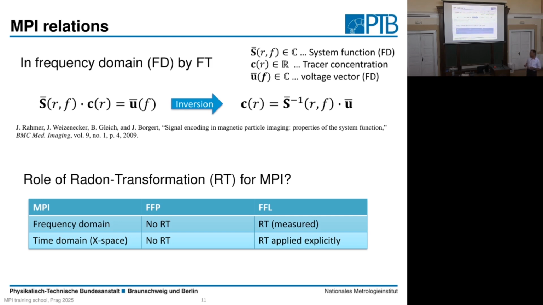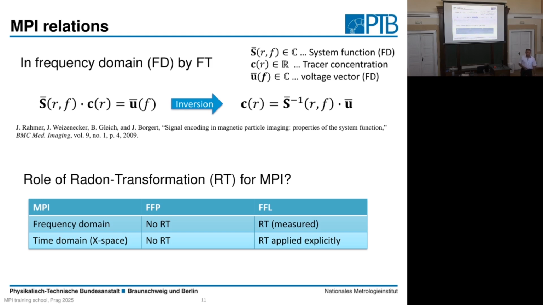The only thing, as we have seen in the talk of Jochen, is that in the frequency domain the derived magnetization of the magnetic particle depends on the position in the offset field, in the gradient field, and to set up the equation system analytically, nobody can do this just now. Maybe someone is a genius and can do this, but the probability is very small, because this derived M is a very complex function.